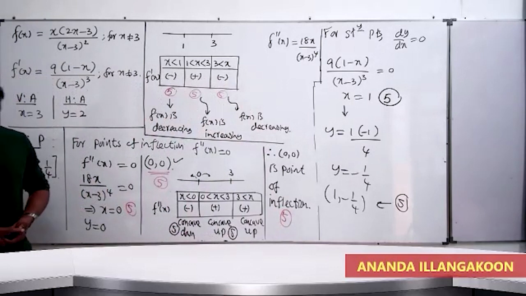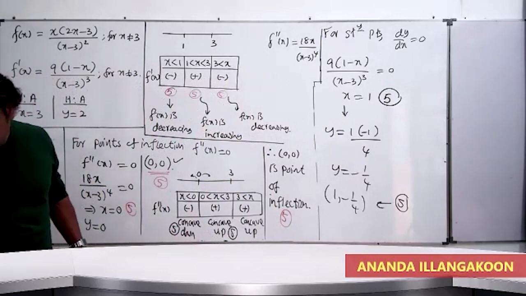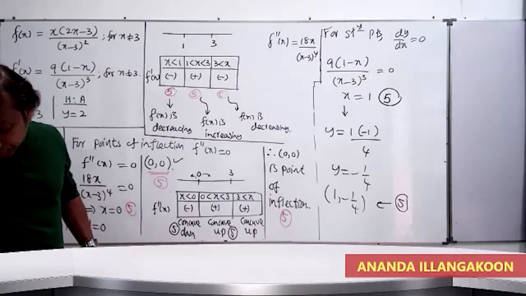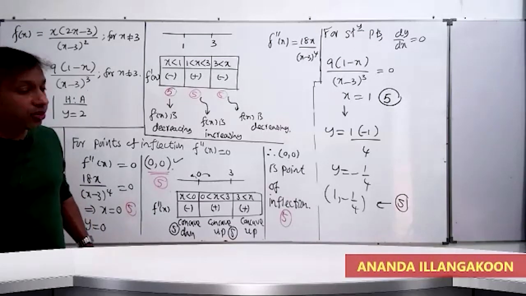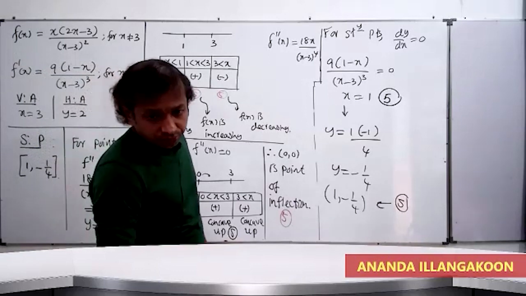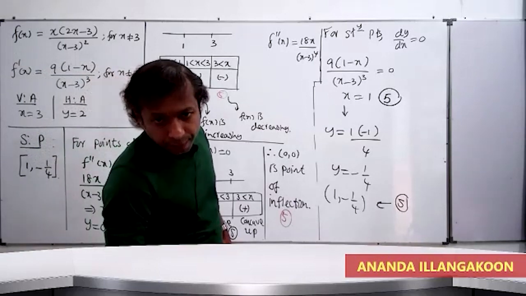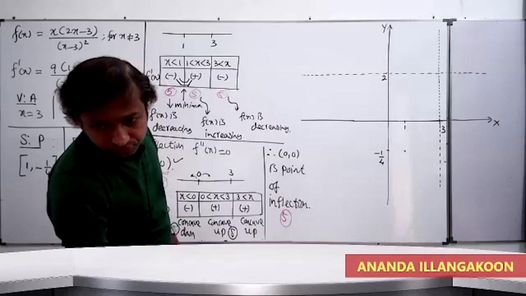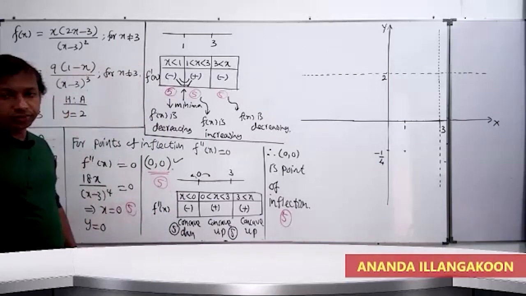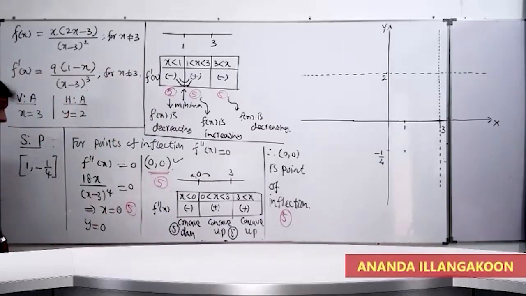Now, people, you have to what? Draw the graph. Right. Now sketch the graph, people. Right now, I equated f double dash x to 0 to find the point of inflection.